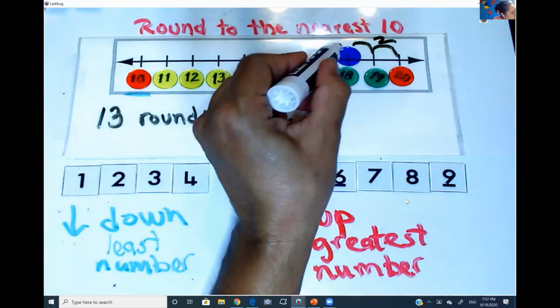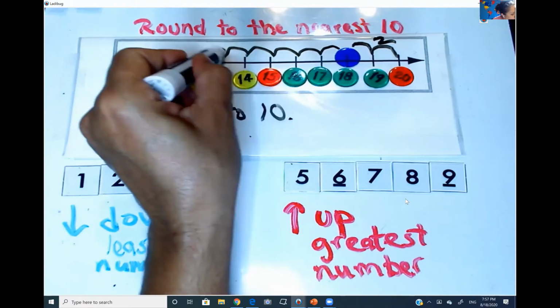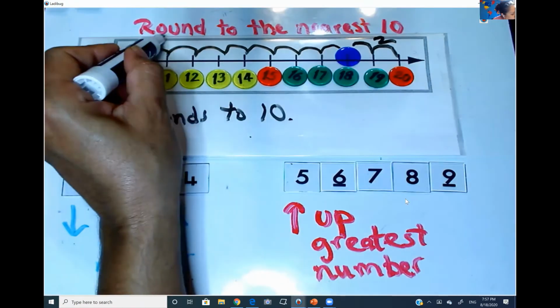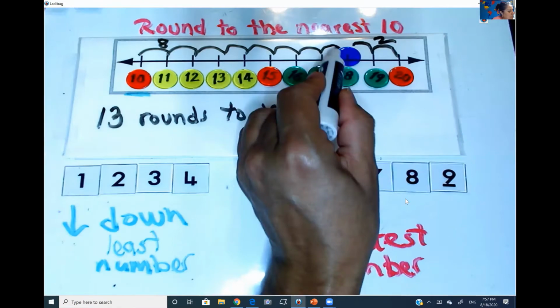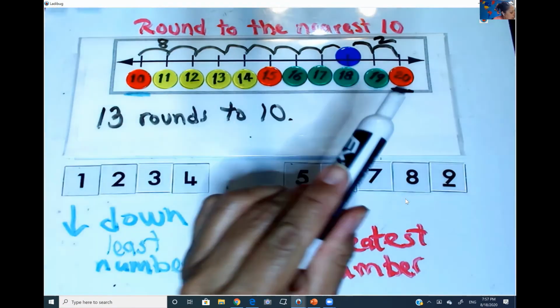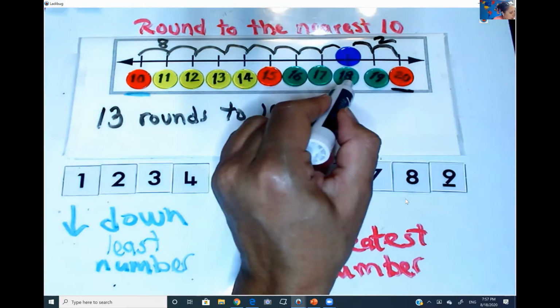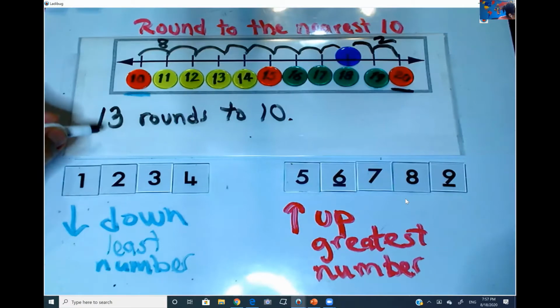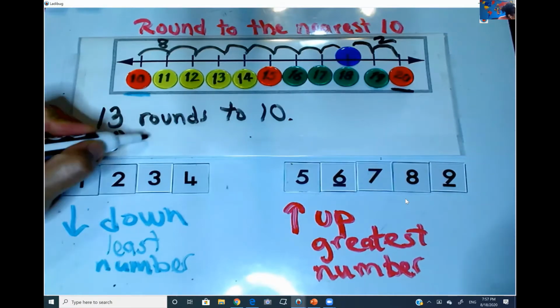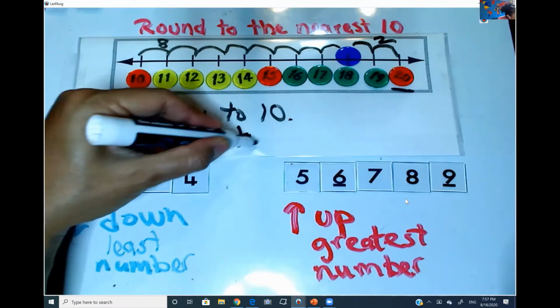Whereas if I try to go to 10, I have to do 1, 2, 3, 4, 5, 6, 7, and 8 spaces. So I notice that 18 is closer to 20 than to 10. And because I'm rounding and I have to go up because my last digit is an 8, I'll go for 20. So I can tell that 18 rounds to 20.